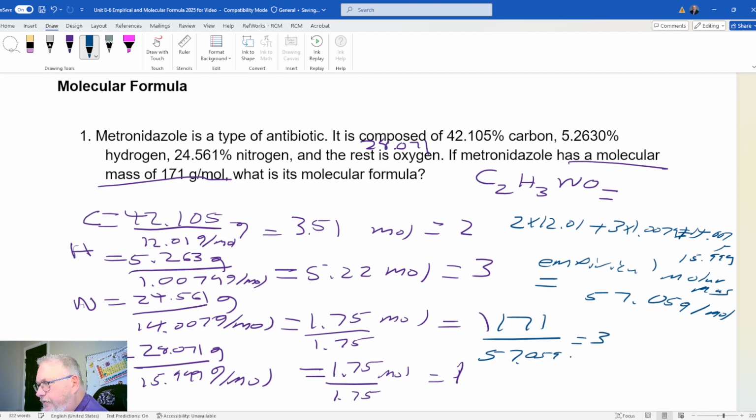I get a factor of 3. So to get the actual molecular compound, I'm going to take that factor and multiply each subscript by a factor of 3.